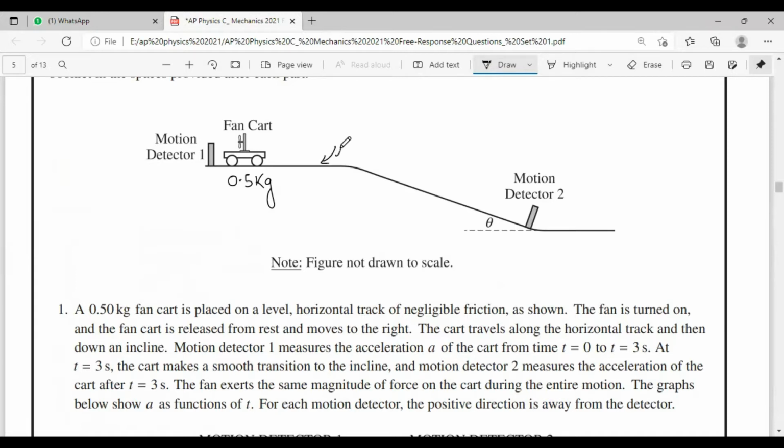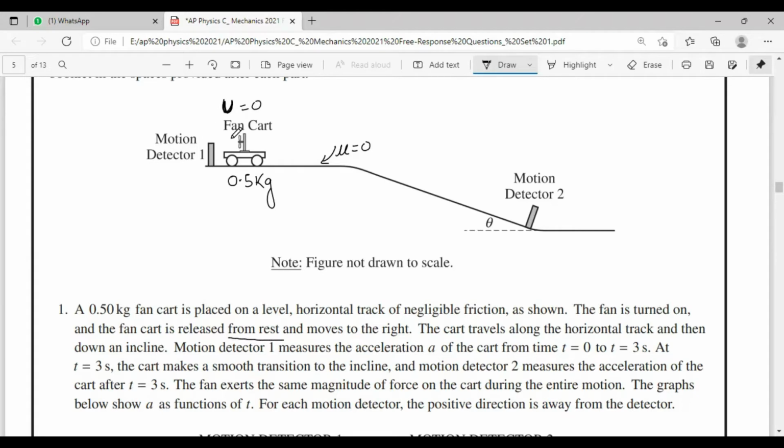So the coefficient of friction of this part will be 0. This is the horizontal track. The fan is turned on and the fan cart is released from rest, so its initial velocity will be 0. It is released from rest, as written in the question, and moves to the right.